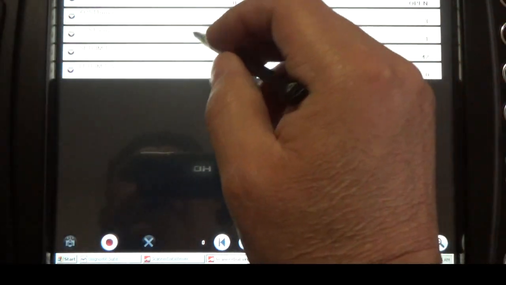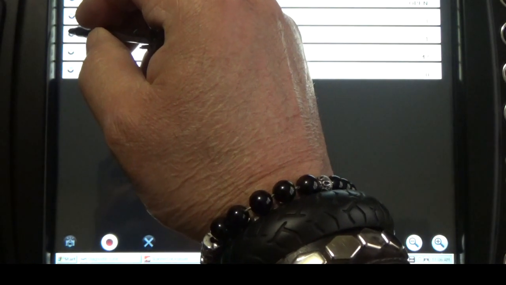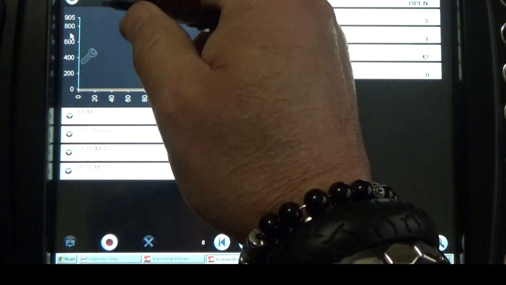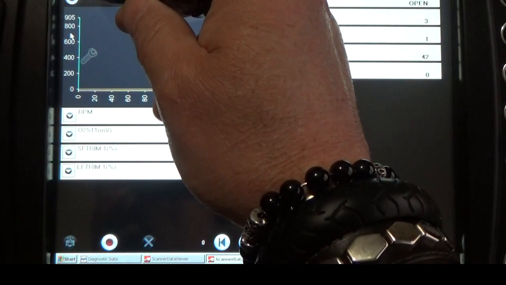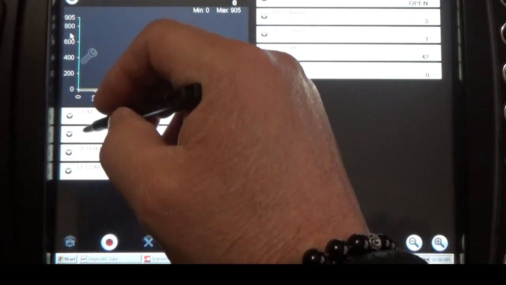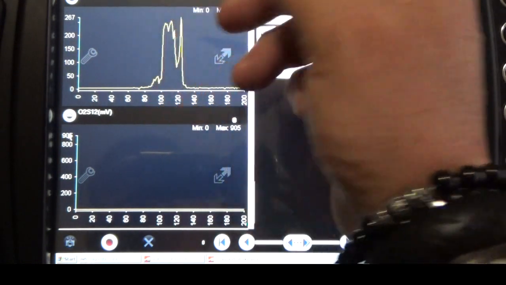And I'm going to open my bank 2. This is O2 sensor 1 bank 1 sensor 2, and this is my O2 sensor bank 1 sensor 1.